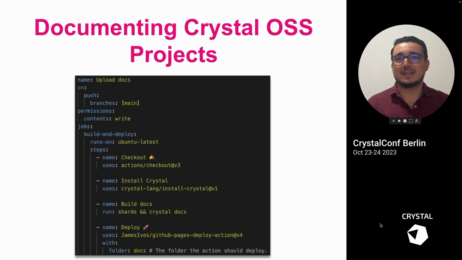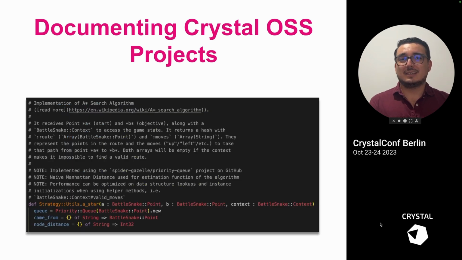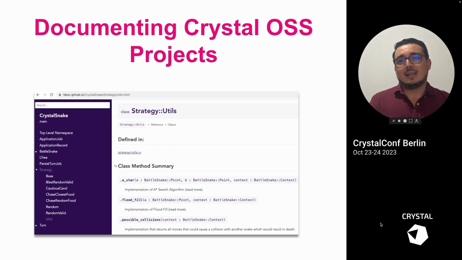This comes in very handy, and especially when used along with GitHub pages, it ends up being a very easy to use documentation solution. You make sure your code is documented inline, and you end up with a GitHub page that's hosted for free.